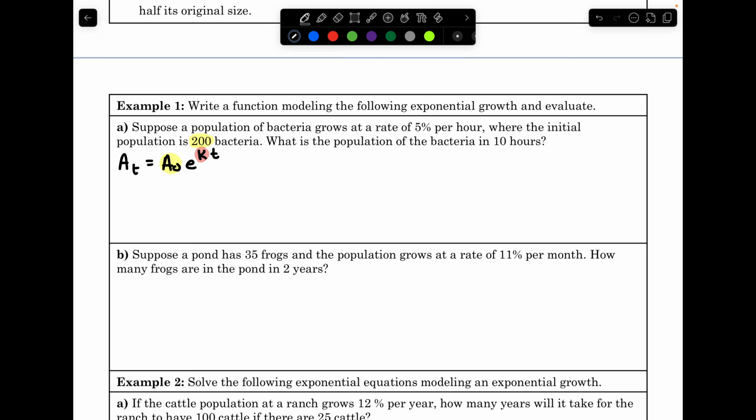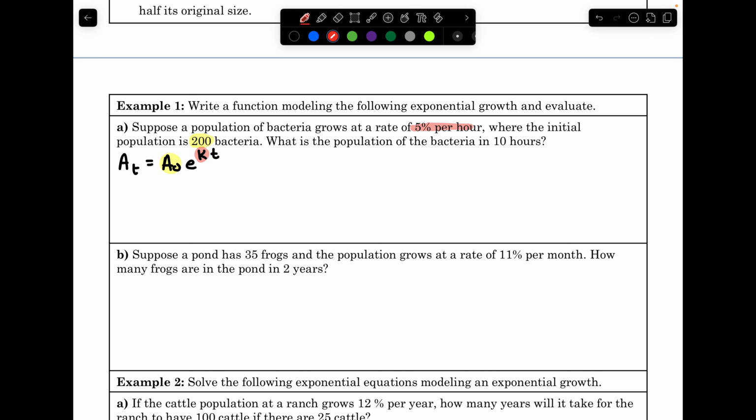Remember, e stands for the irrational number 2.71, and t is going to be the number that we plug in. First, I want to come up with the formula before I plug in that number t. Because it's 5% per hour, our k is increasing at 5% per hour, so that's going to represent a positive number here.